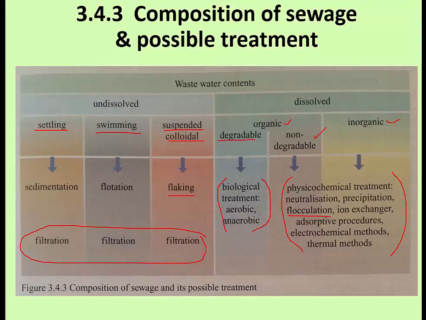You're dealing with ions for these dissolved materials, so an ion exchanger can be used, thermal methods, electrochemical methods, adsorptive procedures. You can add something that these ions bind to the surface and then can be removed in that manner. So that's just a quick breakdown on the contents that you're looking at in your wastewater.